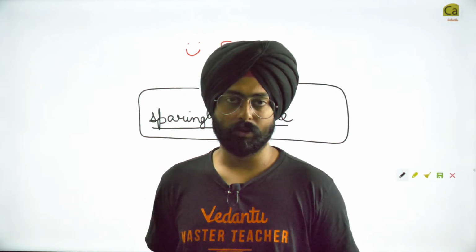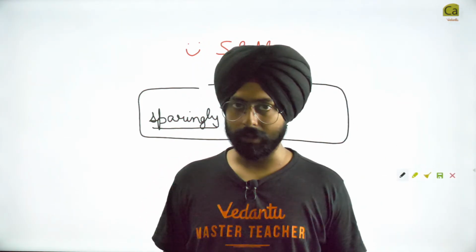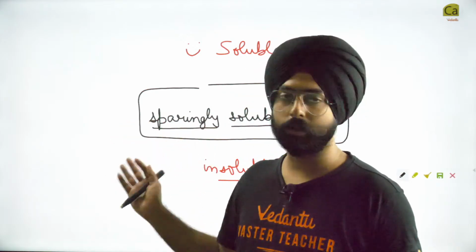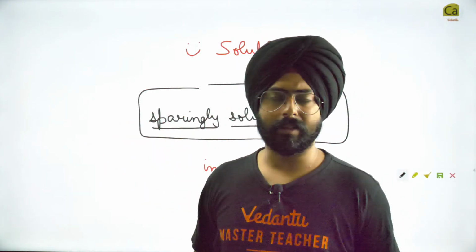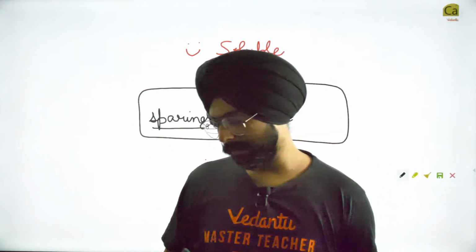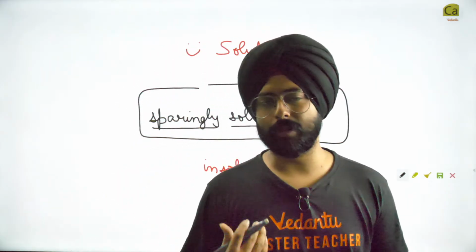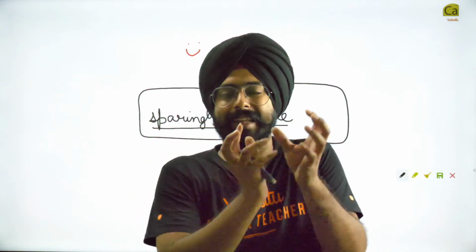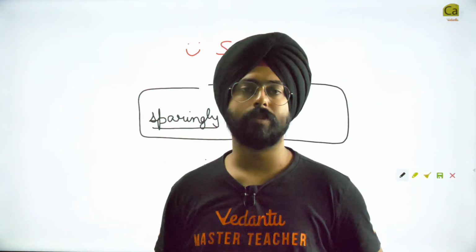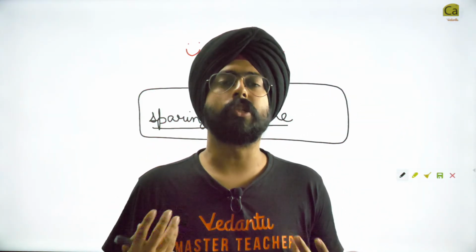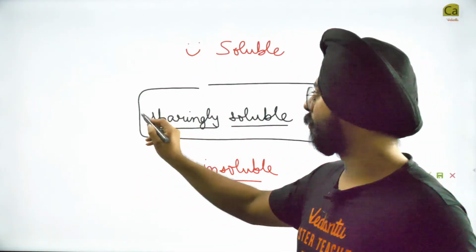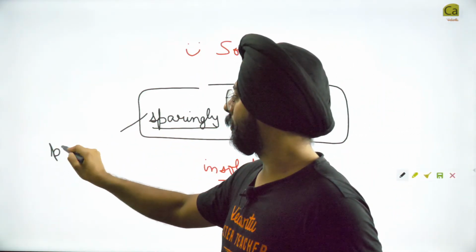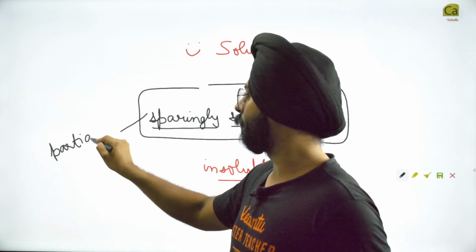If you add a salt to water, let's say it is a sparingly soluble salt. An example of that would be AgCl. When it dissolves in water, it doesn't dissolve completely. Some of it remains as salt, some of it dissolves. Partially soluble can also be called sparingly soluble.